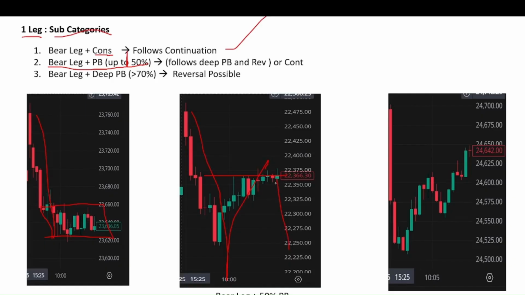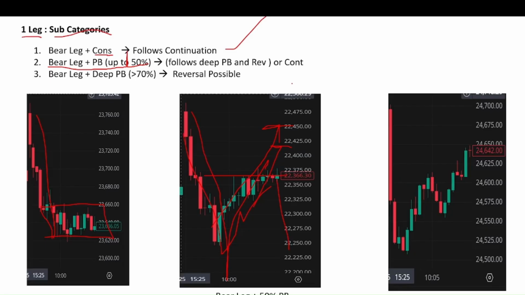But the exception is if the pullback goes deep, greater than 70%, if it retraced until here, then we should keep an open mind to enter buy trades as well. So this is another category where bear leg and less than 50% pullback happens.